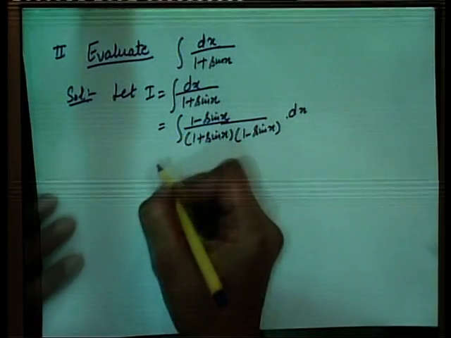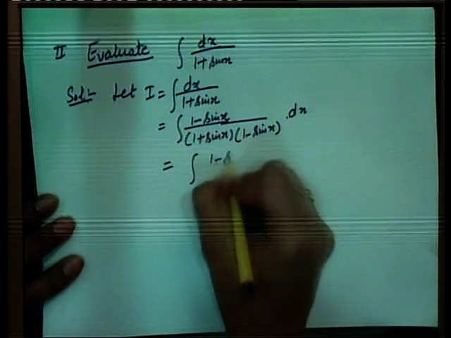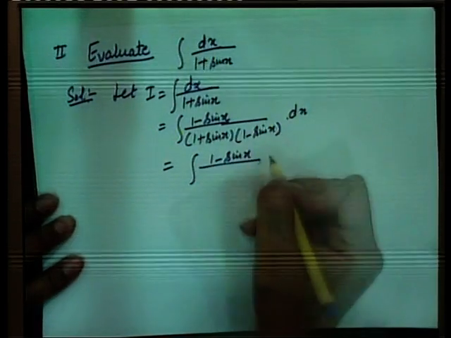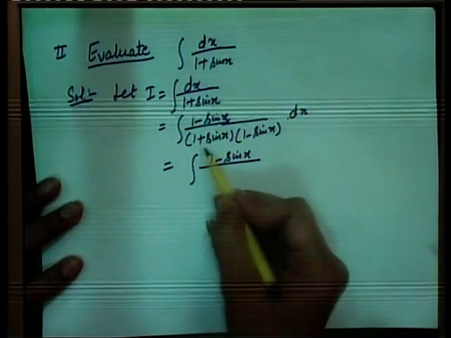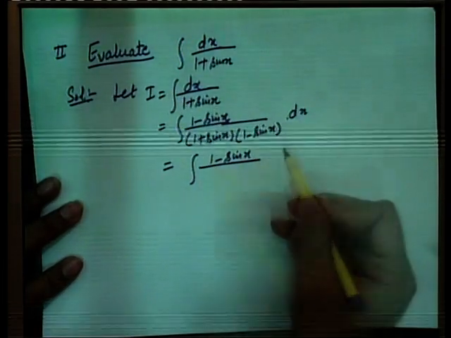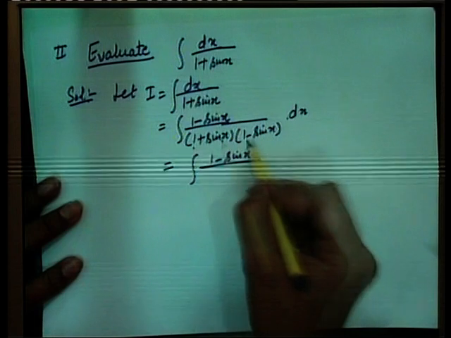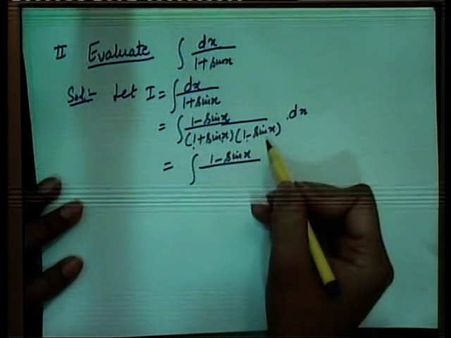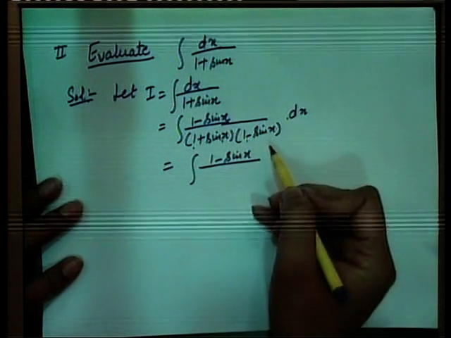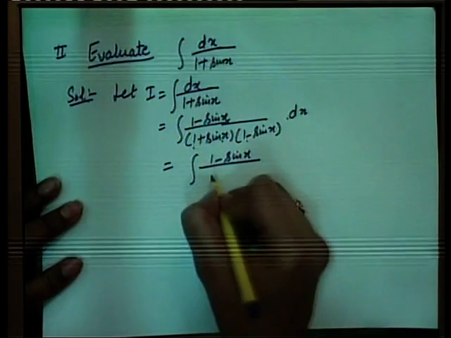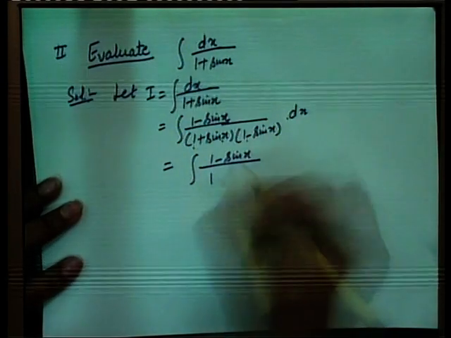In the denominator we have the term 1 plus sin x into 1 minus sin x, that is a plus b, a minus b. We know this is equal to a square minus b square. Here a is 1, a square means 1 square is 1, minus b square.